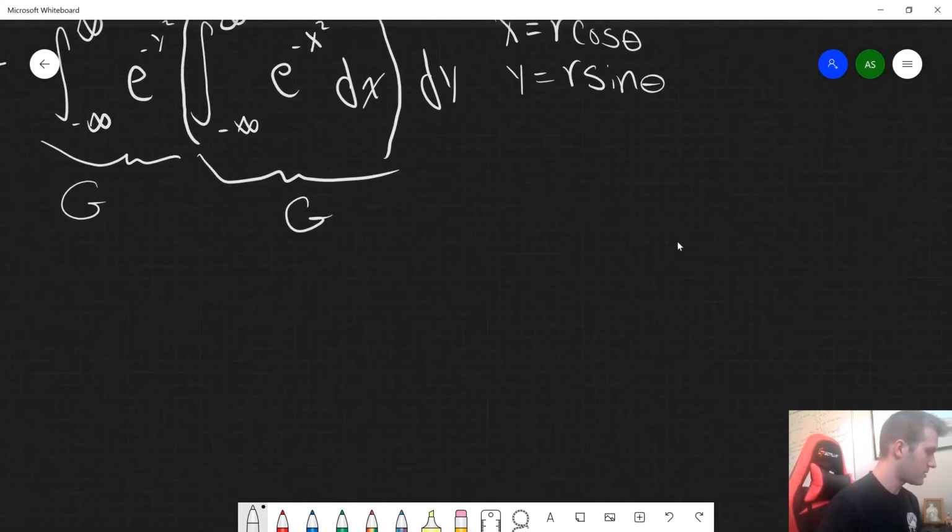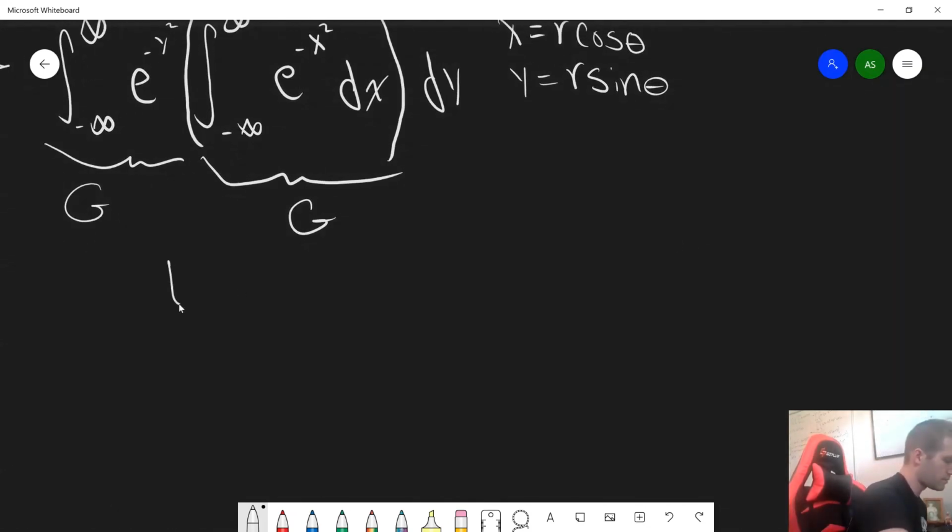So let's do that. So we're going to have now triangle there. So we have to actually change our limits of integration here. Now, instead of negative infinity to infinity, we actually need to include the distance around a circle here, which is going to be 2 pi.